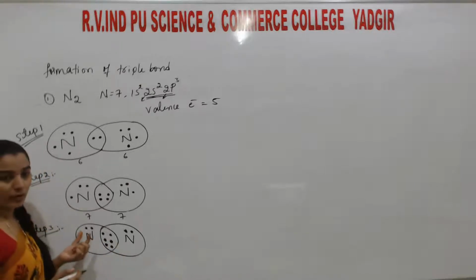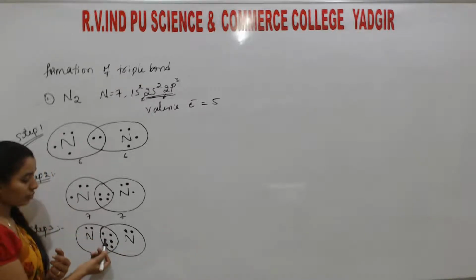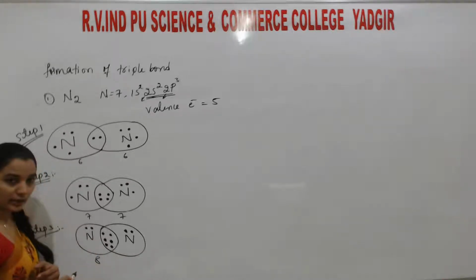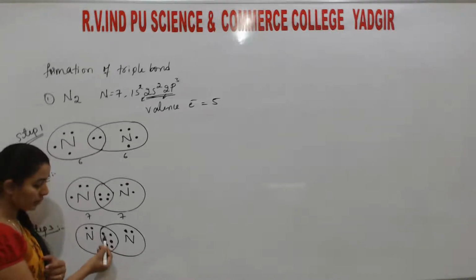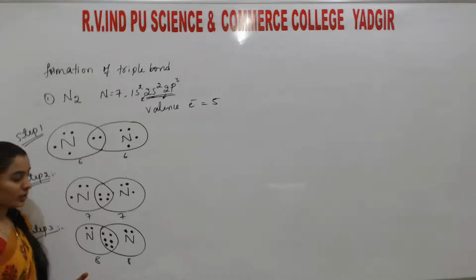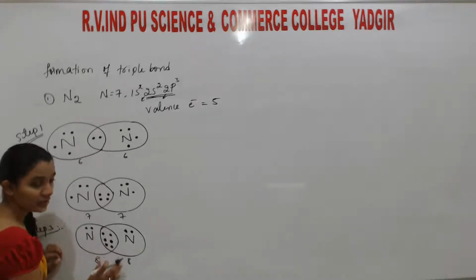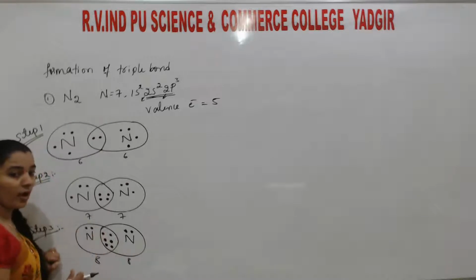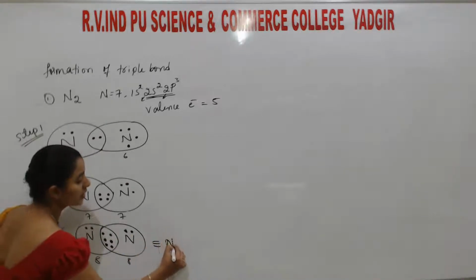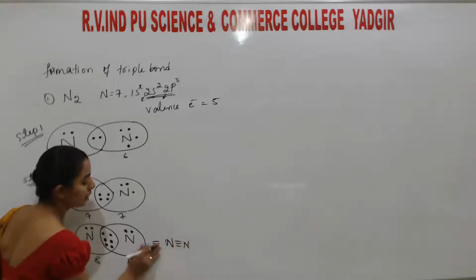Now count the number of electrons: 1, 2, 3, 4, 5, 6, 7, 8. It satisfies 8 electrons. Here also 1, 2, 3, 4, 5, 6, 7, 8. So 8 and 8. After formation of 3 bonds, they form an 8 electron system. Therefore, the equivalent structure is N triple bond N.